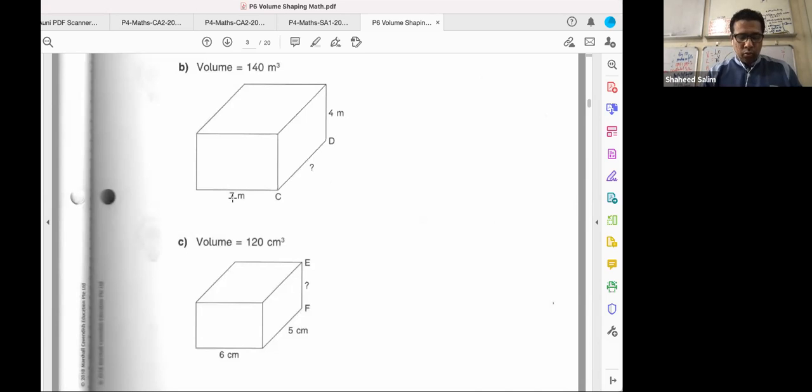So how to do it if you're using a calculator, I'll show you later. See, but this one has volume, this one has times. Okay, I'll show you later.